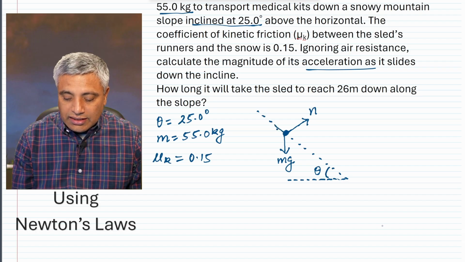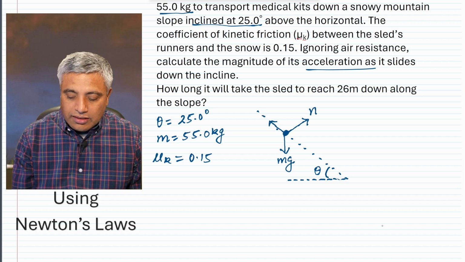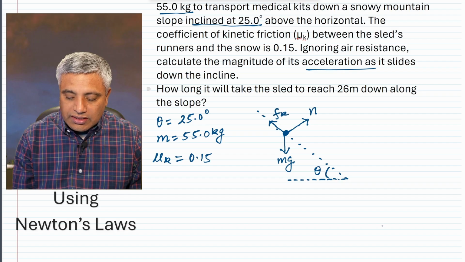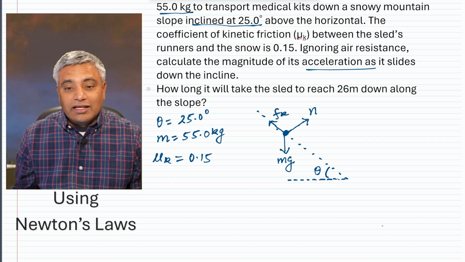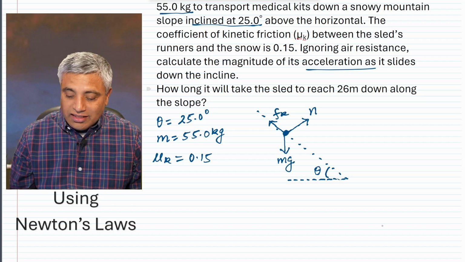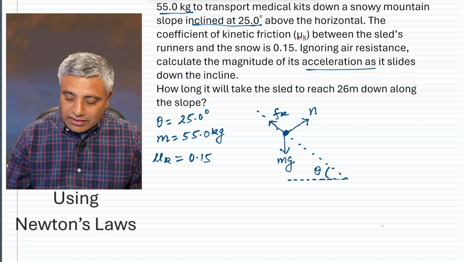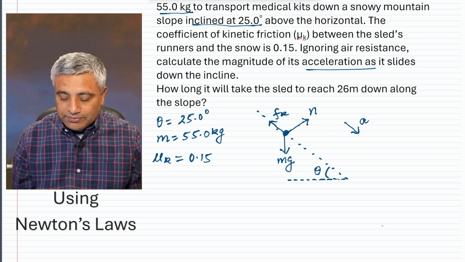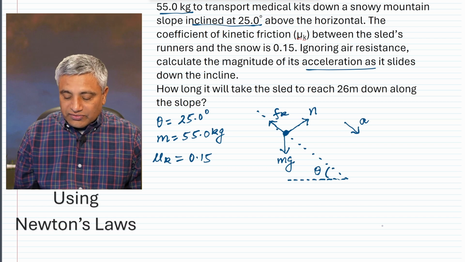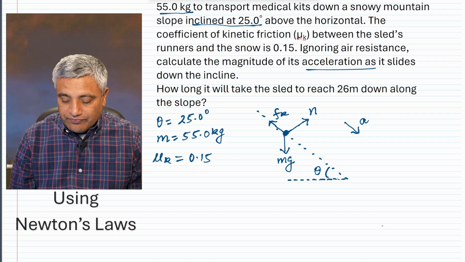Since it is sliding, it is kinetic friction, and it is uphill because the sled is going downhill. So the acceleration must be along the downhill direction. Now this is our free body diagram.